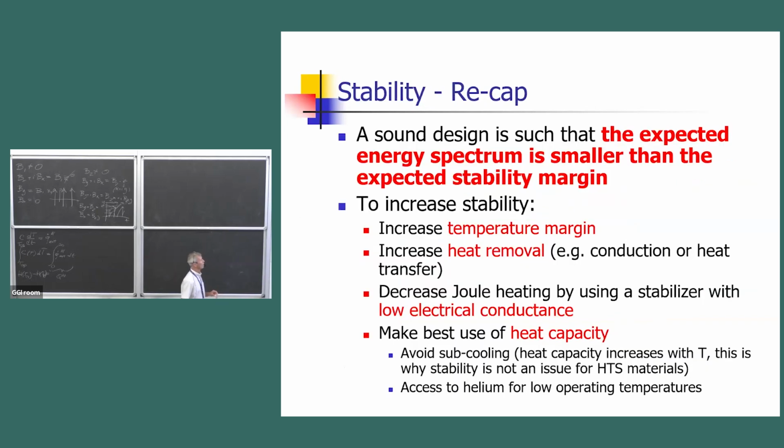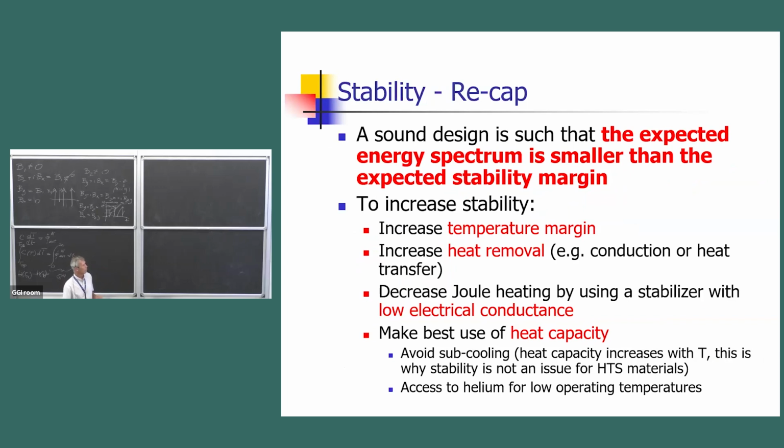So, stability recap: a sound design is such that the expected energy spectrum is lower than the stability margin, the stability reserve. Actually, you can do better than the simple adiabatic calculation because you actually have cooling and conduction, so it's not 2, it would be more than 2 millijoules per cc for the LHC. That's why it's working, by the way. Still, you have to design such that you're below the energy spectrum.